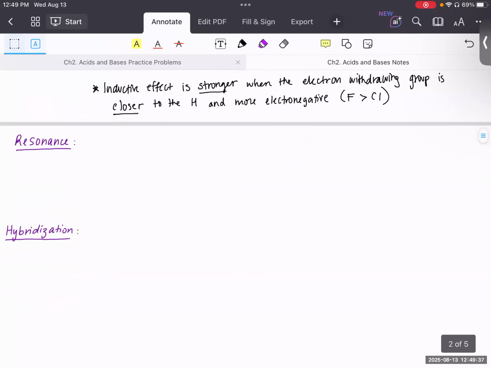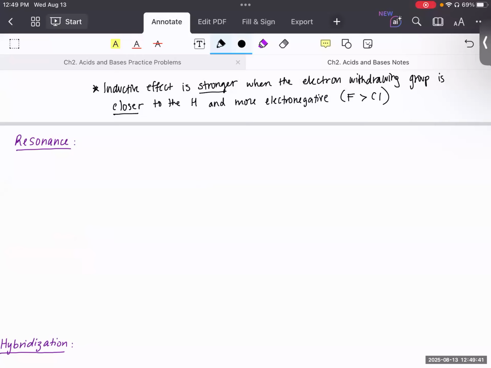All right, the next effect that we're going to talk about is resonance. And this strengthens the acidity of an acid when the conjugate base can be stabilized through resonance structures. And I'll show an example of that in a second.